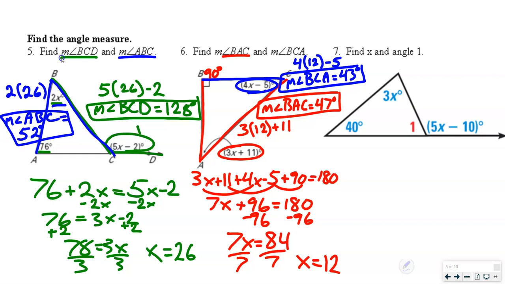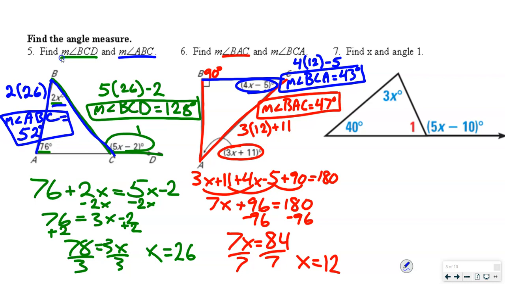So similar to in Unit 3 where you could use different alternate interior, alternate exterior combinations of relationships to find values. You can kind of do that with these as well. But you do need to make sure that it works.